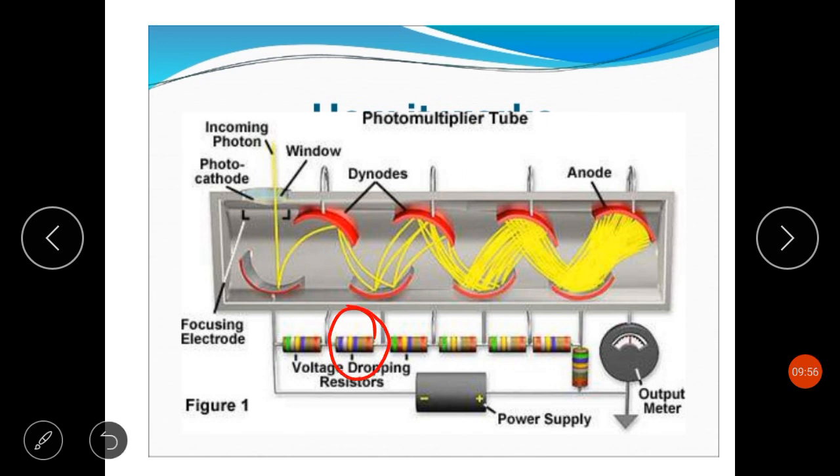If the voltage between successive diodes is high, then more additional electrons will be emitted and the value of G will increase. The second factor on which G depends is the surface composition of diodes, and the third factor is the geometry of diodes.